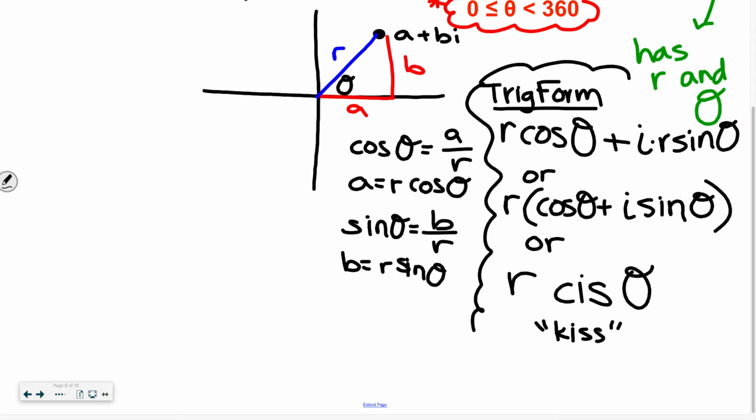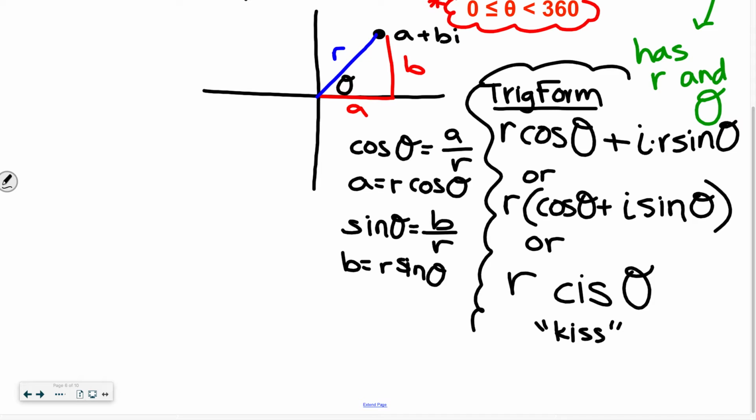Like cosecant, secant, and cotangent. It's not a trig function by itself. It's a shortcut to writing cosine theta plus i times sine theta, because we're lazy. So Miss Cronky's going to be writing down a lot because she's lazy. You could write it if you want. You definitely have to be able to look at it and know what it means, but if you want to write it out the long way, that's fine with me too.